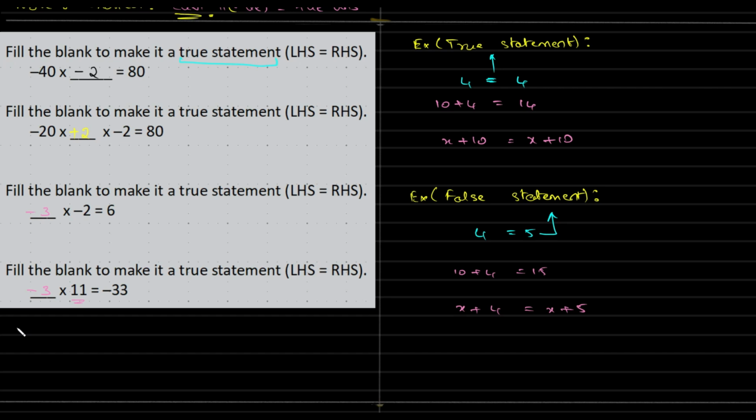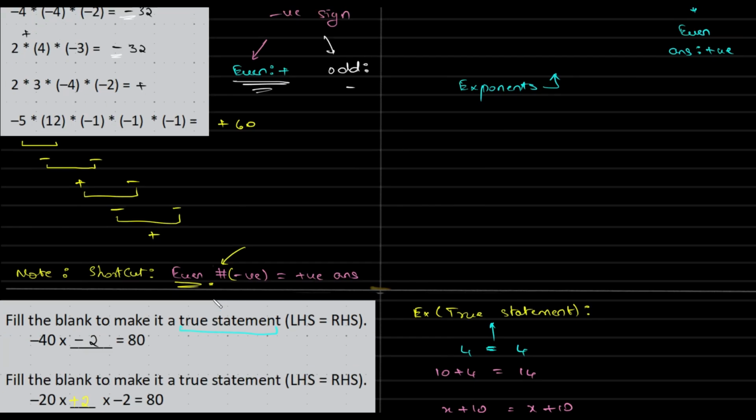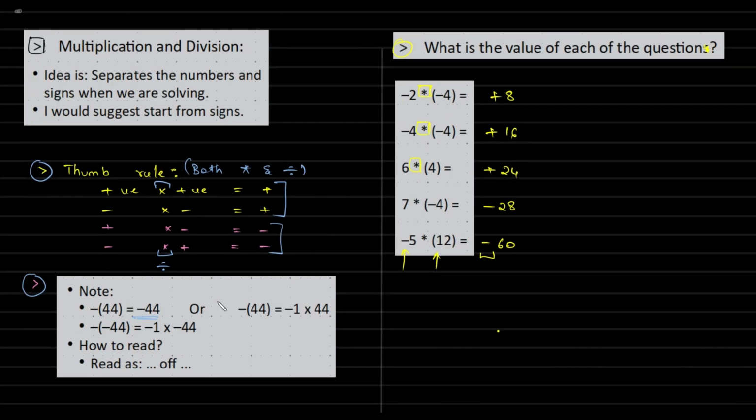Okay, so we'll do the division part in the next set of videos, and let me just have a glance at what we did. The main thumb rule is whenever you multiply like-sign numbers or terms, you'll get a positive answer. Different signs, you'll get a negative answer.